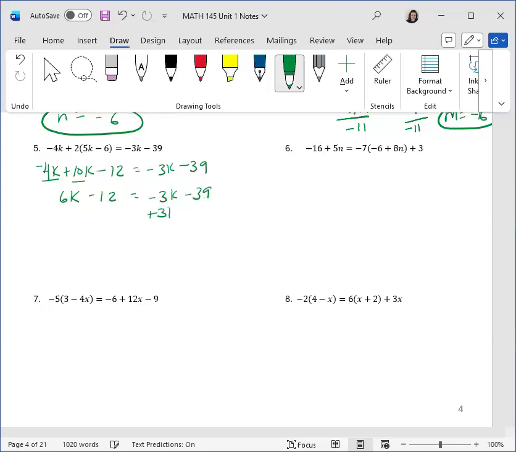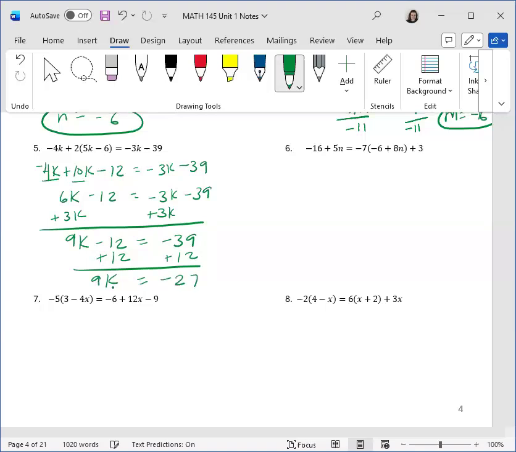Adding 3k to both sides of that equation. 9k minus 12 is equal to negative 39. Adding 12 to both sides, we get 9k is equal to negative 27. And dividing both sides by 9 gives me my solution, k equals negative 3.